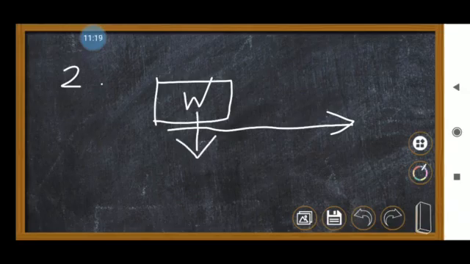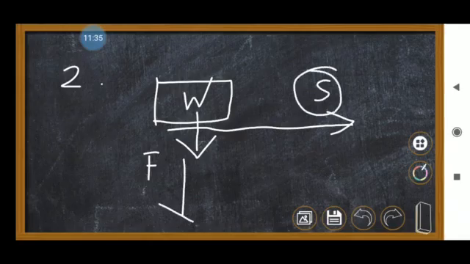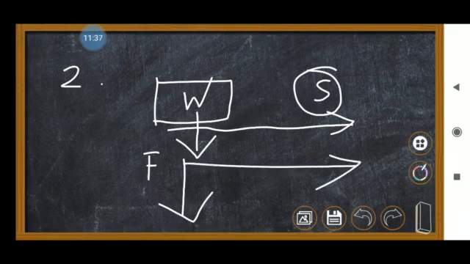Weight is a force acting towards the earth due to the gravitational force. So the force acts downwards, but the displacement is in the perpendicular direction.